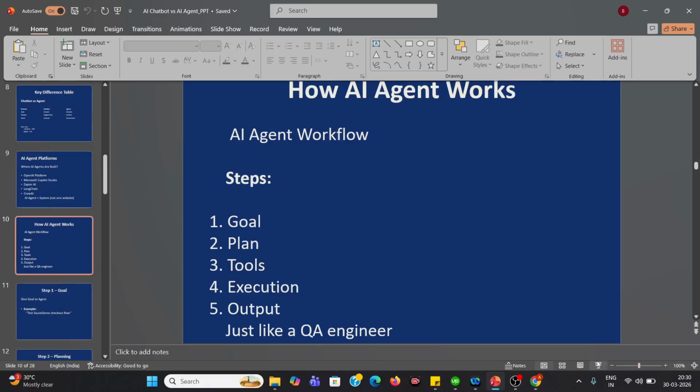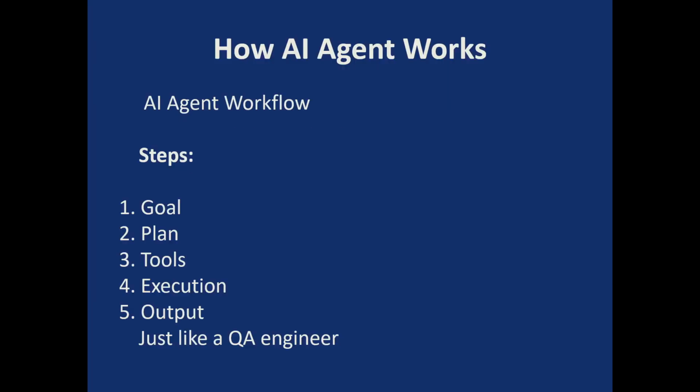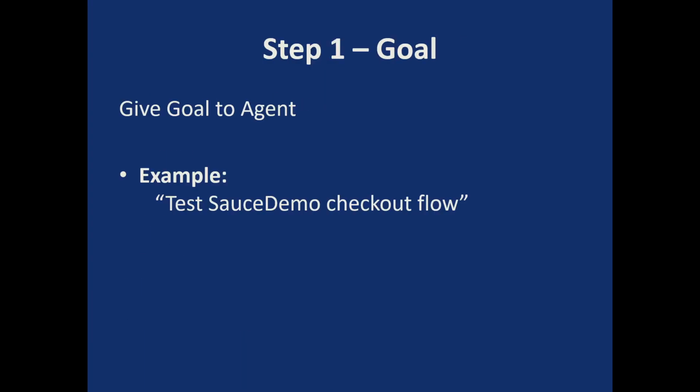So how does an AI agent work? An AI agent works in 5 simple steps. What are those 5 steps? The very first step is that you give a goal. For example, you tell the AI agent: test the SauceDemo website checkout flow and generate a report.